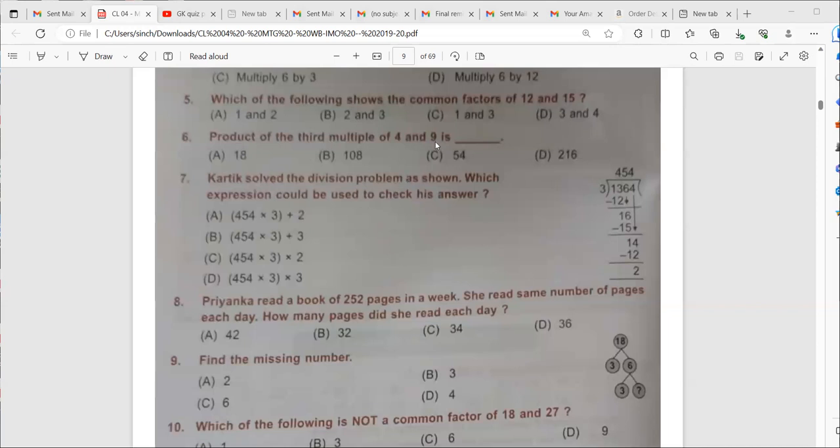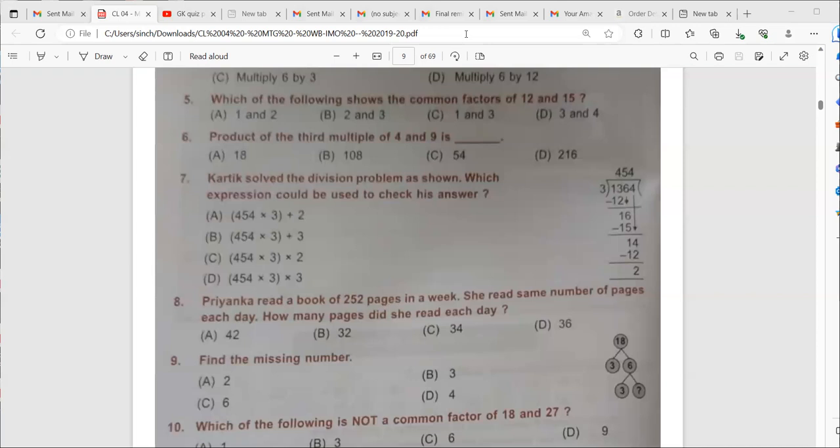So what you need to do is find out which of these numbers, among A, B, C, D, can be divided by the product of 4 and 9 exactly without having any remainder. Is it clear, Shaptagho?